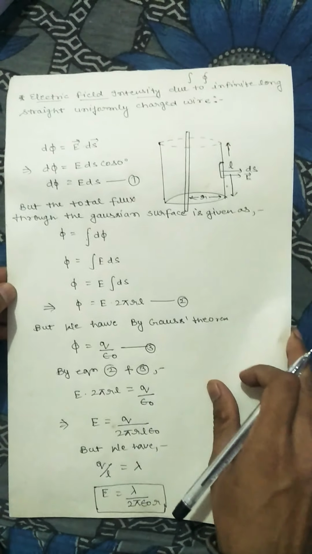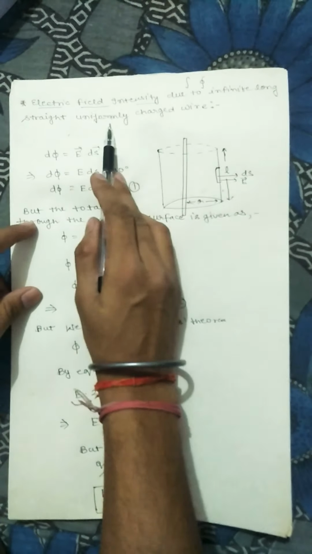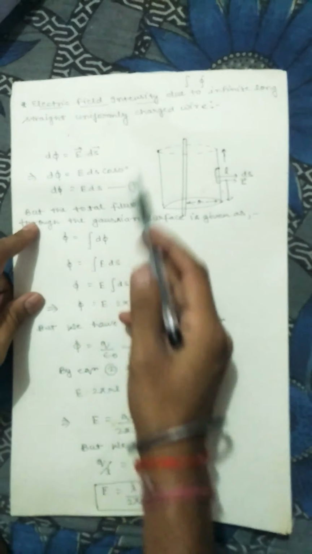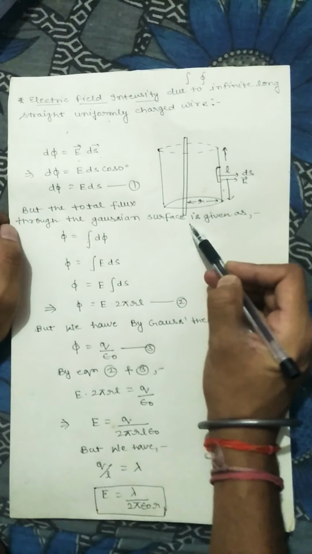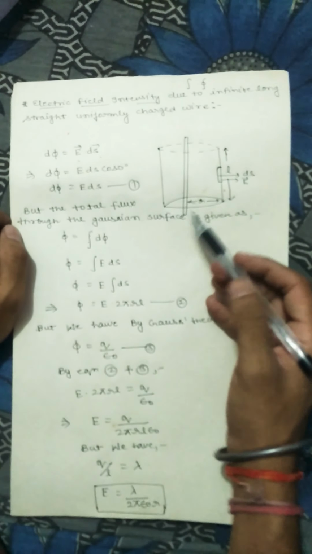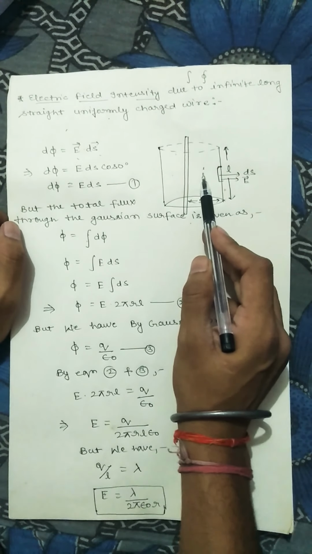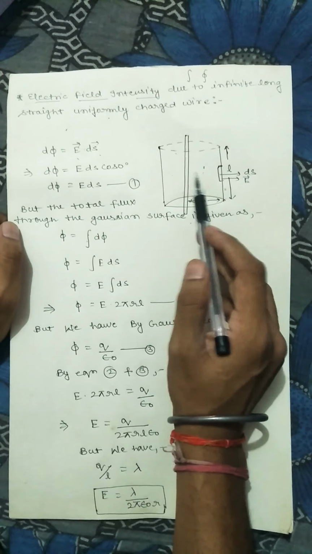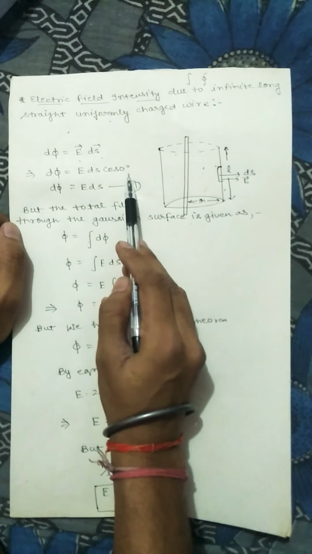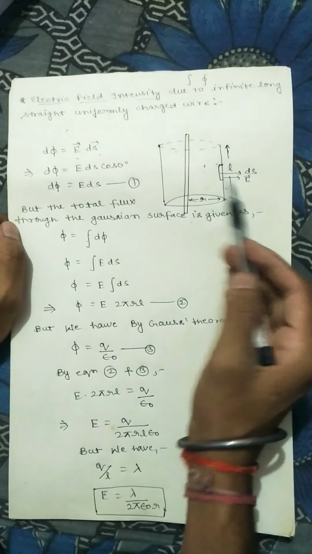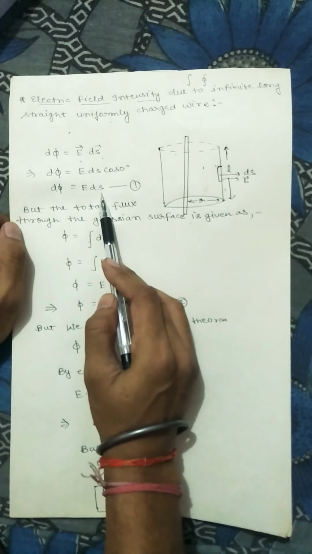So what you have studied is the electric field intensity due to an infinite long straight uniformly charged wire, where d phi is equal to E dot ds. First of all, we take an infinite long straight wire, and we consider a Gaussian surface like a cylinder, because the wire is in the shape of a cylinder. So here d phi is equal to E ds cos 0 degree, because it is acting on the surface and both are parallel to the normal.